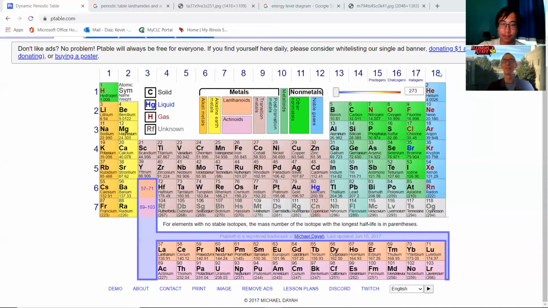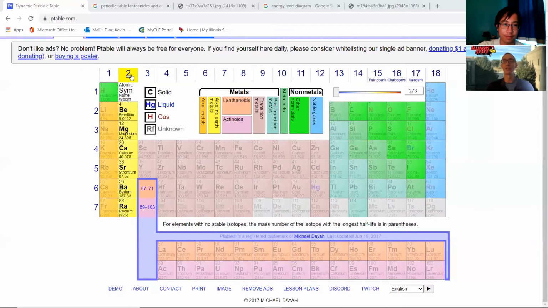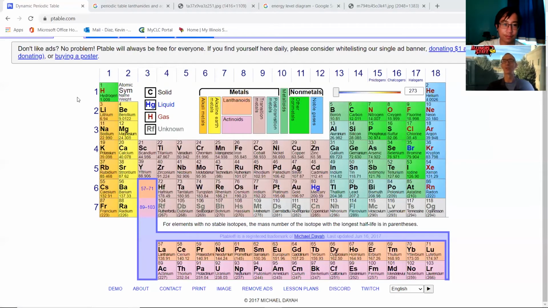Yeah, for those elements in groups 1 and 2, the last orbitals to be filled are the s orbitals, and for hydrogen it's the 1s. For lithium and beryllium it's the 2s. For sodium and magnesium it's the 3s, etc., as you're going down. Exactly. So this far left-hand side, I'll just refer to them as the s orbital atoms.